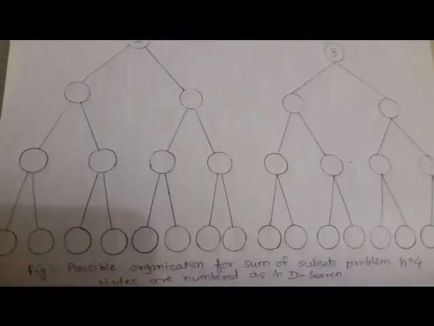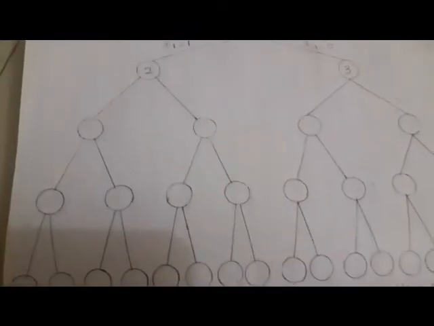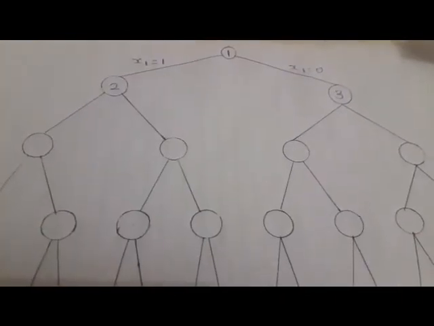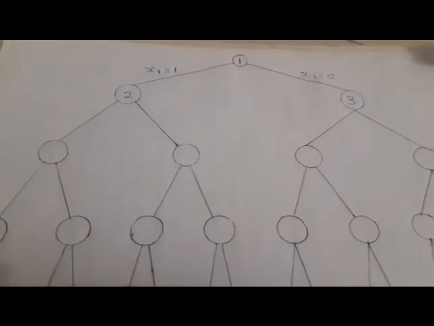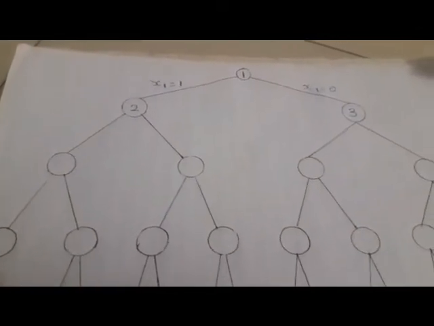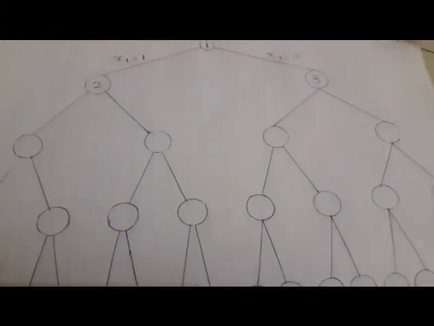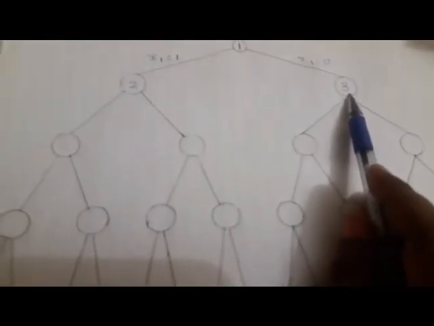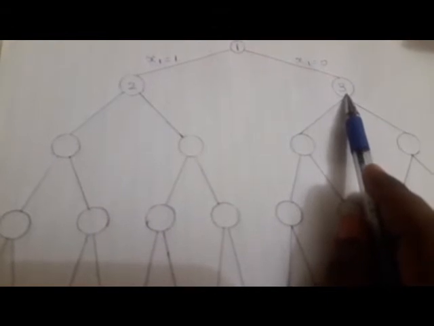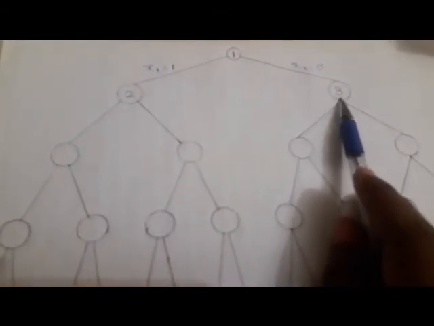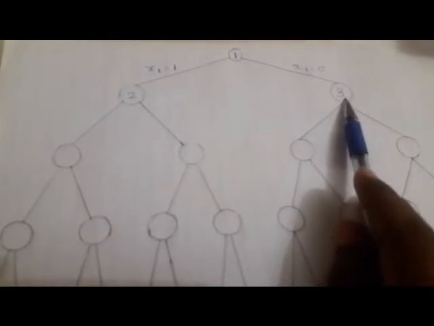The nodes are numbered as in depth first search, and depth first search uses the stack data structure, and therefore the last node we have given number 3. Now after this 3, as the stack follows the principle of last in first out, the last element we have is 3.